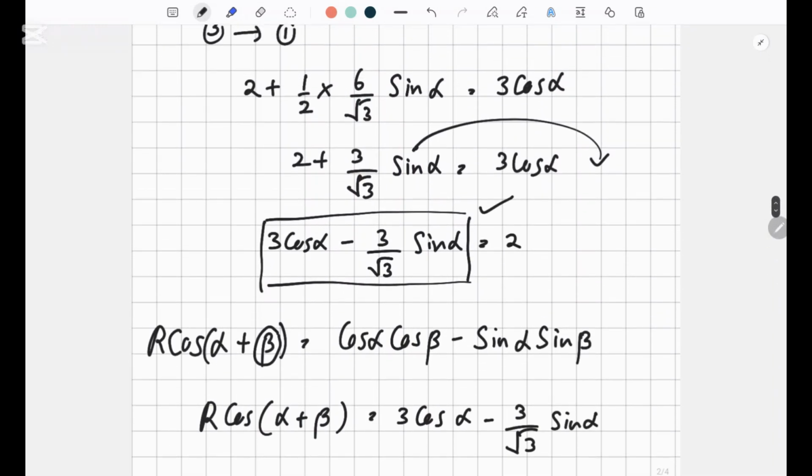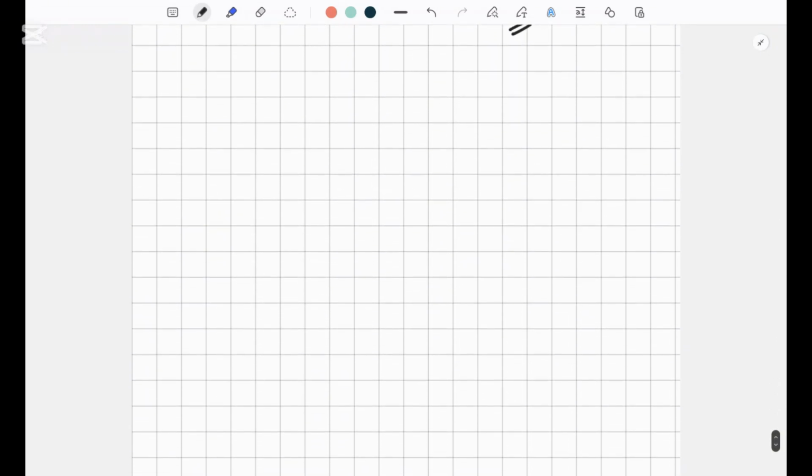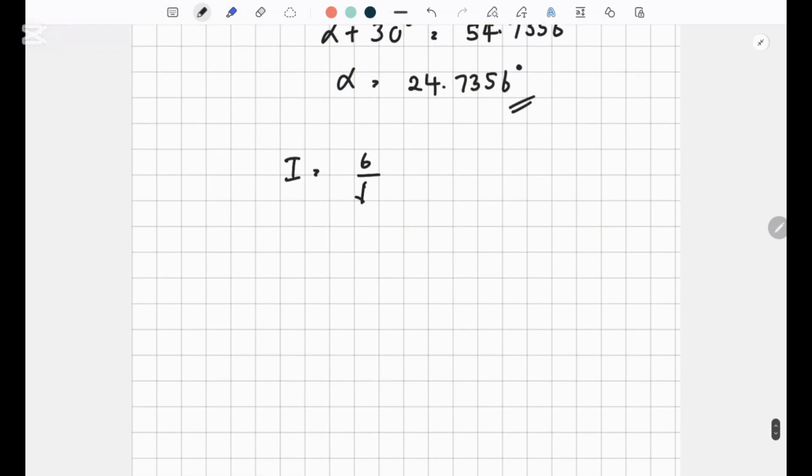Now, we know I equals 6 over root 3 sine alpha, right? So you can just sub in your value for alpha.